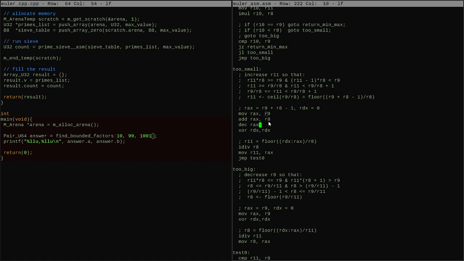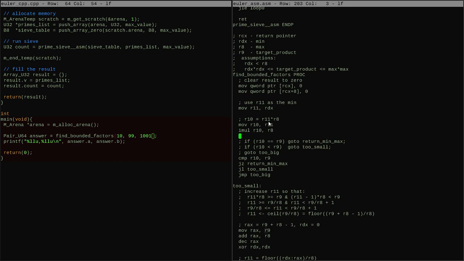Oh, yeah. This gets pretty interesting. We could use the result of the divide. Well, let's just do this with extra multiplies for now, and we can make more progress later.